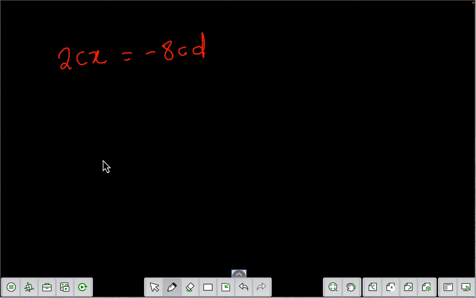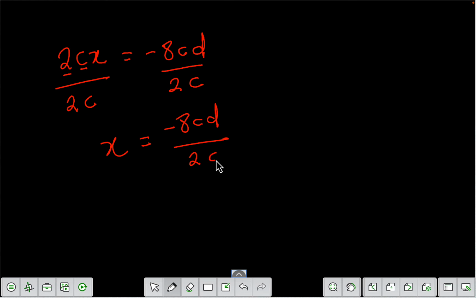Alright, so here we are solving for x. 2cx equals negative 8cd, right? So what we don't want here is 2 and c, so we have to do the division property of equality. So x is equal to negative 8cd all over 2c.